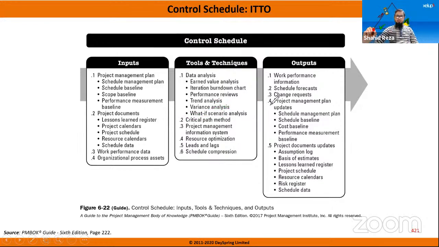And if the schedule is changed or anything happens, you always have to focus on your critical path. Please remember the critical path we identified in develop schedule. When you are running the project, that critical path can change. It is not true that the critical path in the schedule baseline will be fixed for the whole project.